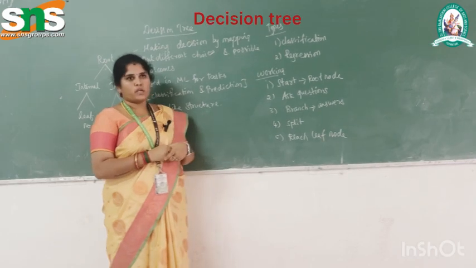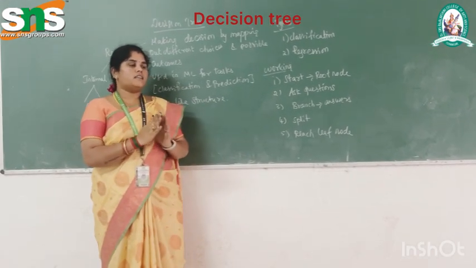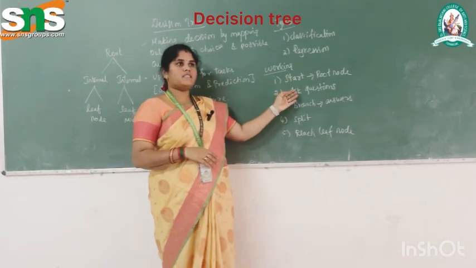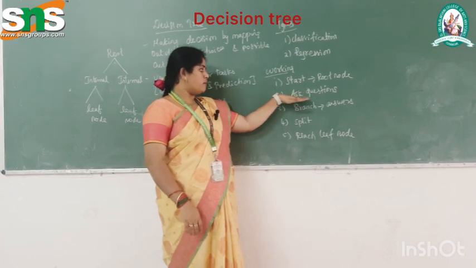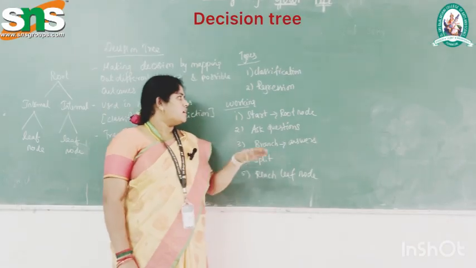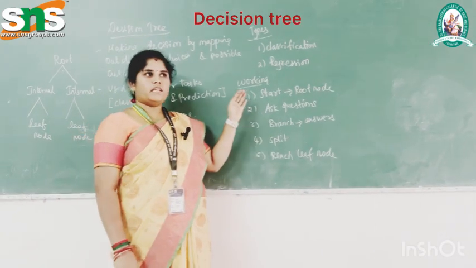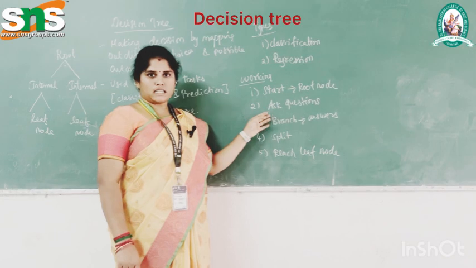So, how does it work? It always starts from the root node. Based on the questions, we have to ask the question. This is the working procedure of the decision tree. First of all, we need to start from the root node. From the root node, we have to ask the questions.